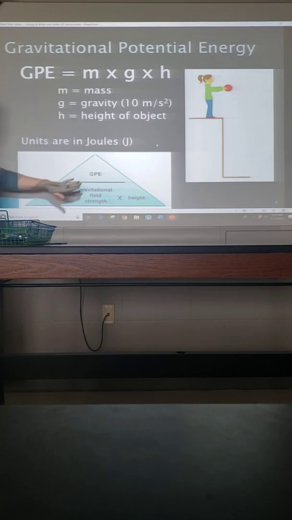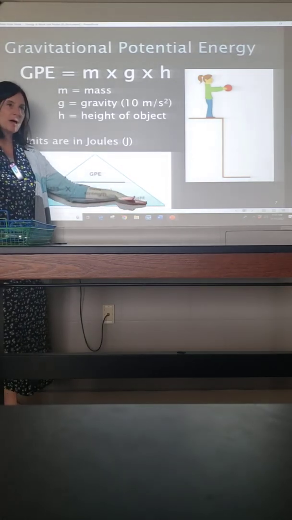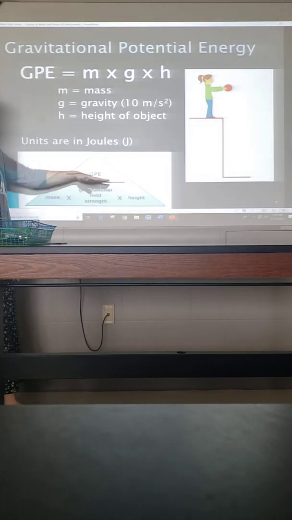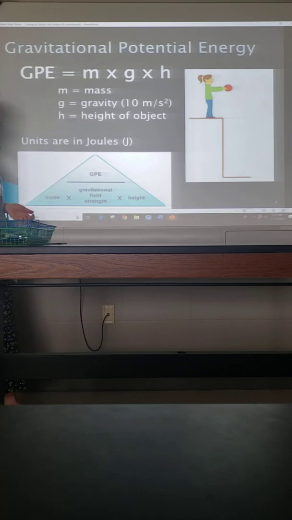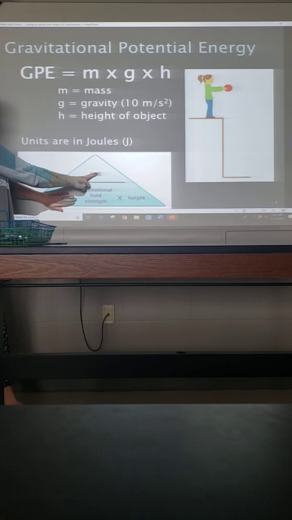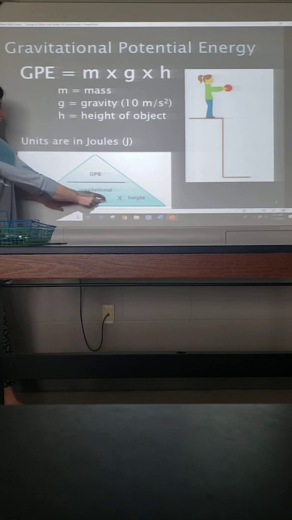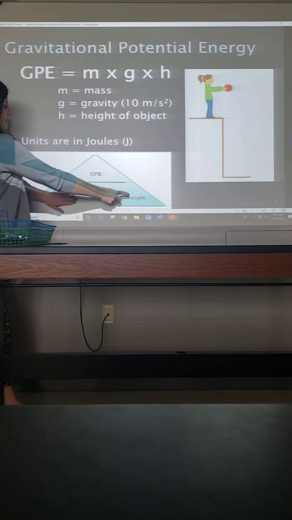There is a triangle. Notice that it's a little bit different because there are 3 variables on the bottom, not just 2. So this line still means division. If I'm solving for mass, I cover up mass, and it's going to be GPE over gravity times height. So mass equals GPE divided by gravity times height.